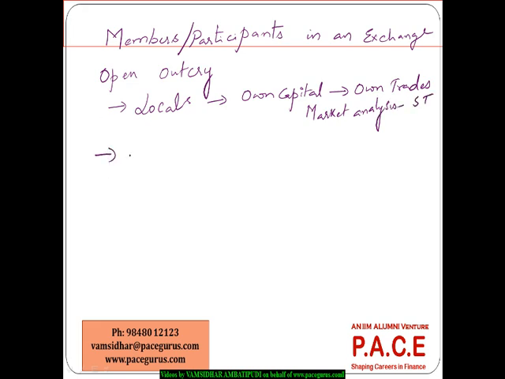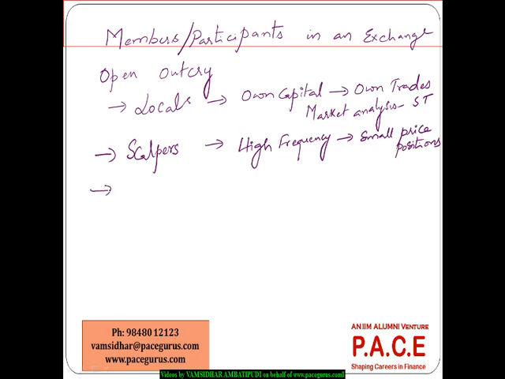Then we have another set of individuals called scalpers. Scalpers are very high frequency traders. They trade quite often, many times during the day. Small price positions they want to take advantage of. They want to take the profits because of small changes in the price.